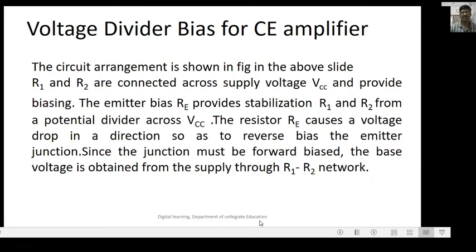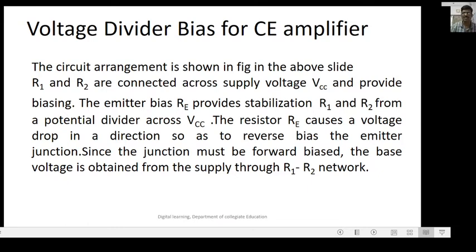Voltage divider bias for CE amplifier. The circuit arrangement is shown in the figure in the above slide. Here R1 and R2 are connected across the supply voltage VCC and provide biasing. I have already told you about the biasing point. The emitter resistor RE provides stabilization. R1 and R2 form a potential divider across VCC. The resistor RE causes a voltage drop in a direction so as to reverse bias the emitter junction.